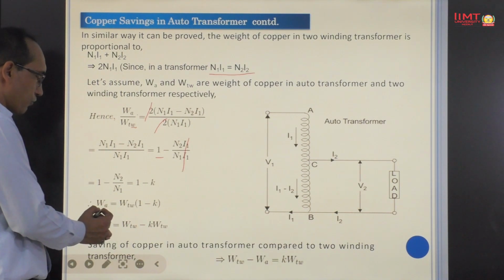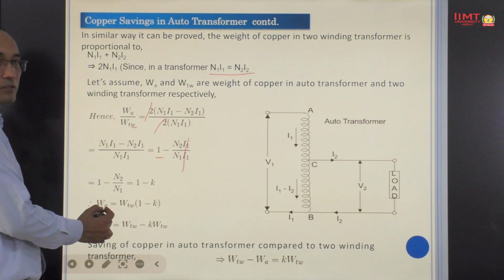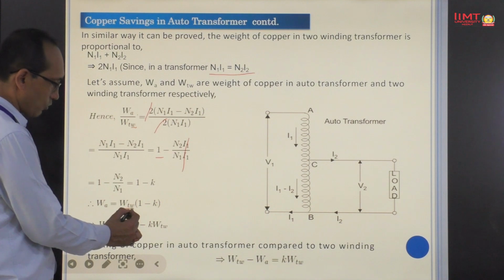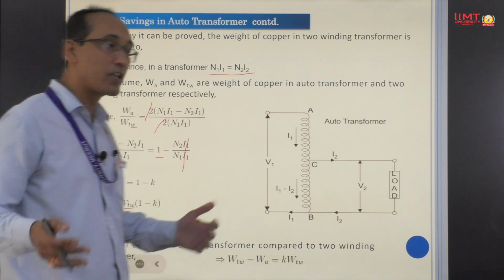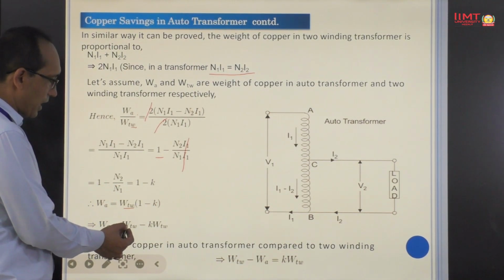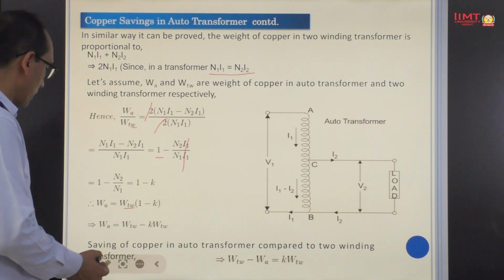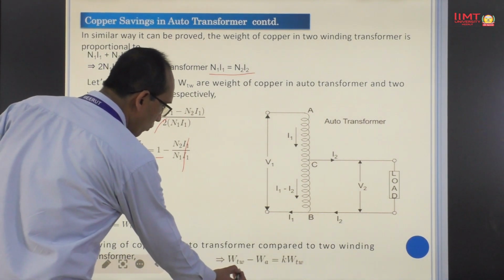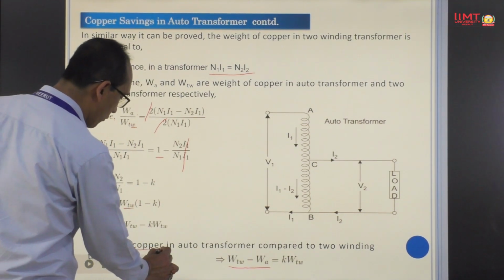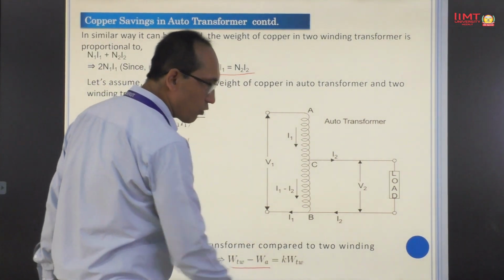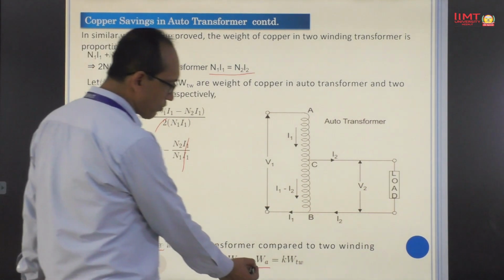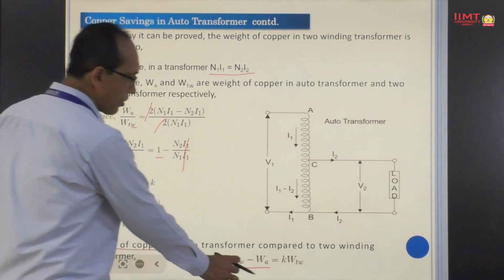So this is the weight of the auto transformer in comparison with a two winding, single phase transformer. So what will be the saving overall? Saving means subtracting the weight of copper in the auto transformer from that of the two winding transformer, WTW minus WA.